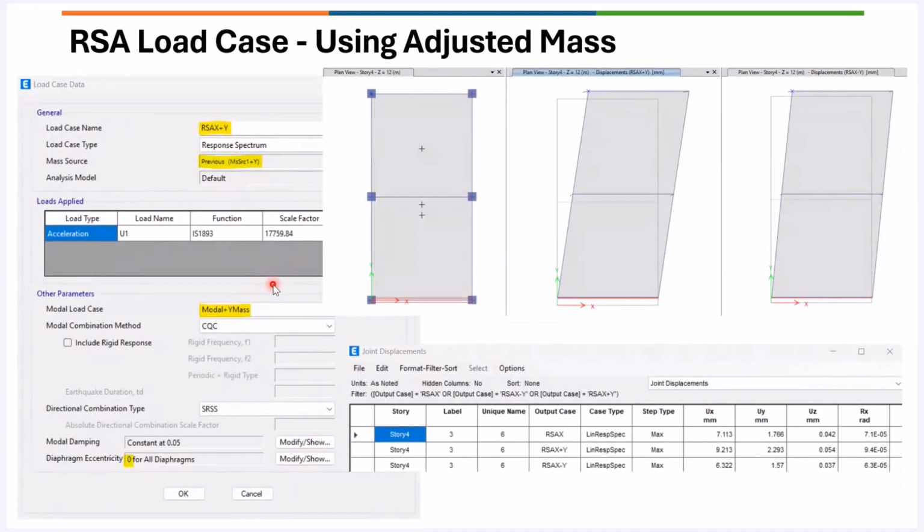Then we have this final response spectrum case.